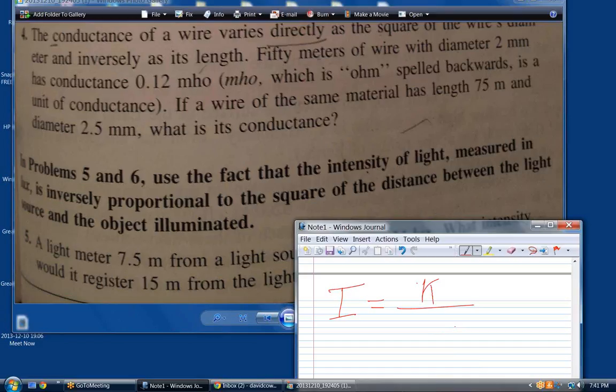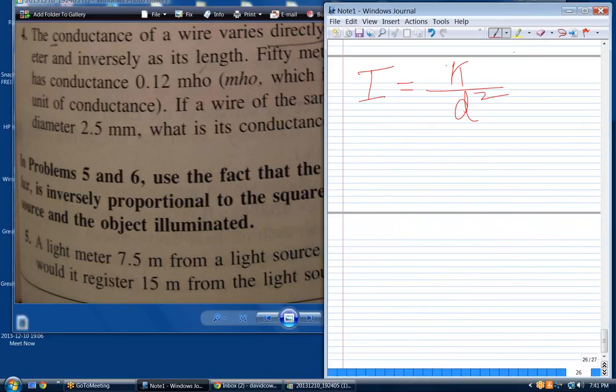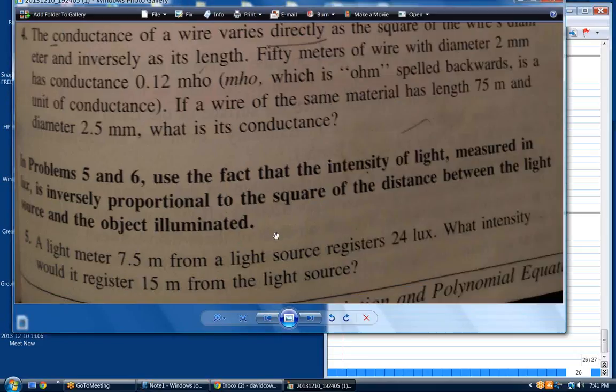What is the denominator here? Use D for distance. So it's I equals K over D. No, it's the square of D. A lot of things that vary inversely vary with the square, like gravity and all kinds of stuff. So when you're doing inverse, remember that there's a real good chance it could be squared.